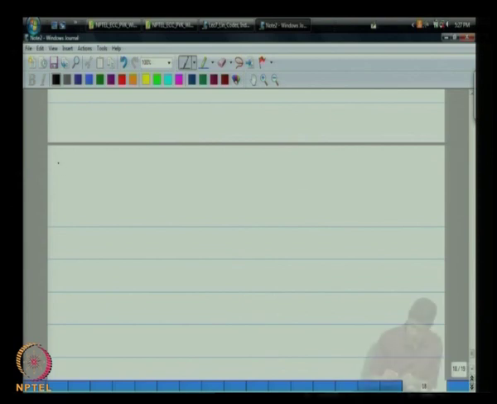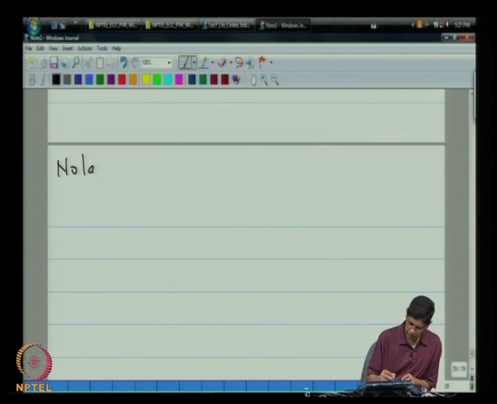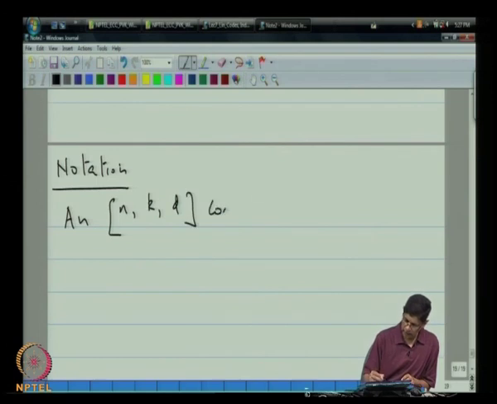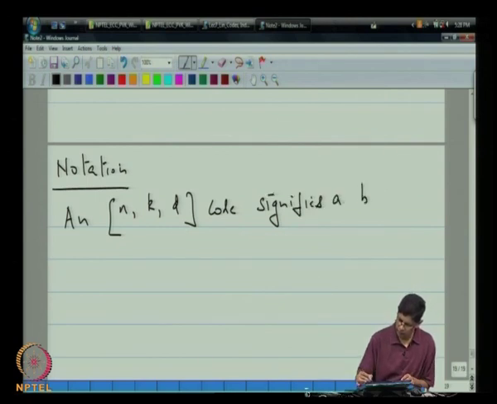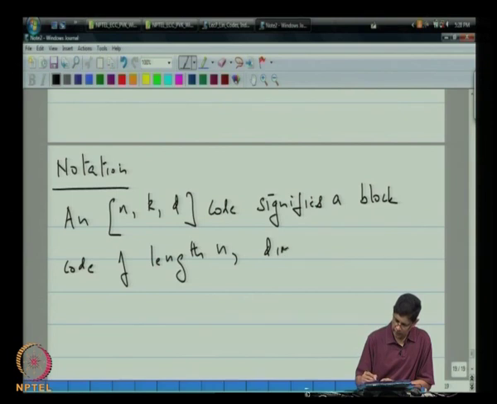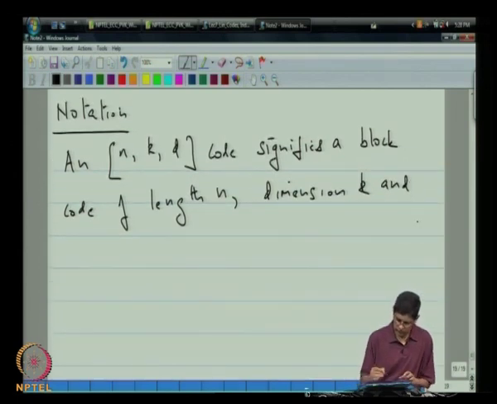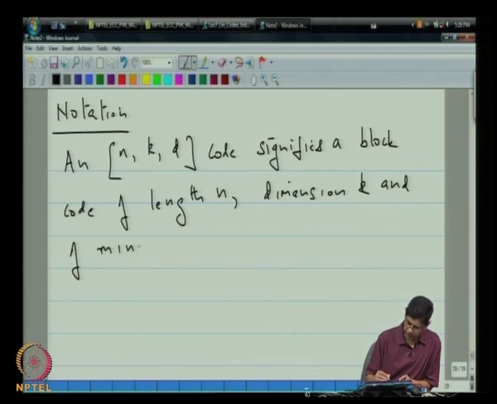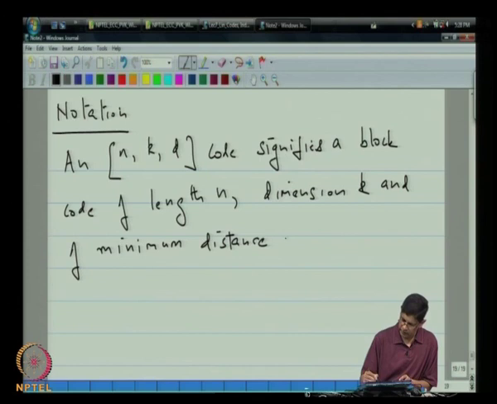Some notation. An [n, k, d] code signifies a block code of length n, dimension k, and of minimum distance d.